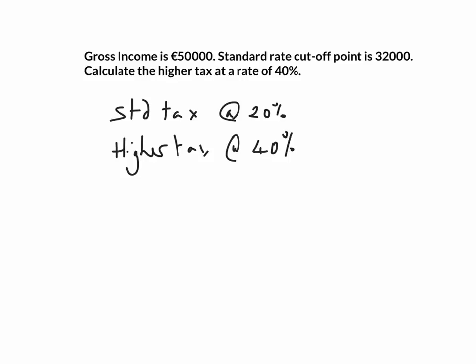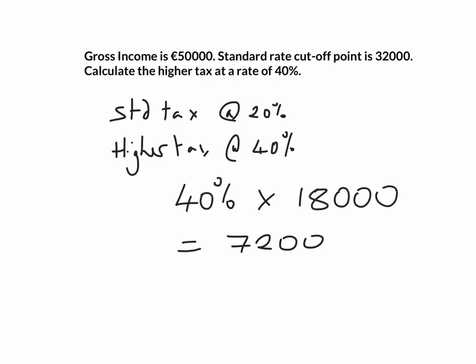You haven't paid any tax on that yet, so what you have to do is multiply the 40%, the higher tax, by 18,000. And that'll give you 7,200.